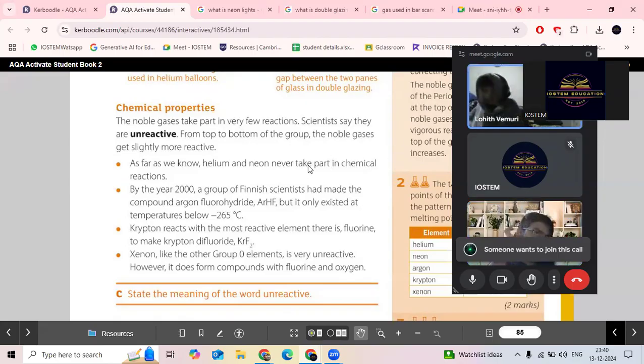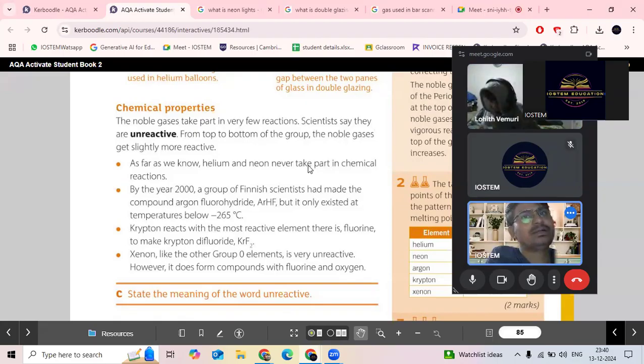If we go further down group 0, to xenon, it is also very unreactive, but compared to krypton, neon and helium, it is a little more reactive than these, and it also forms compounds.